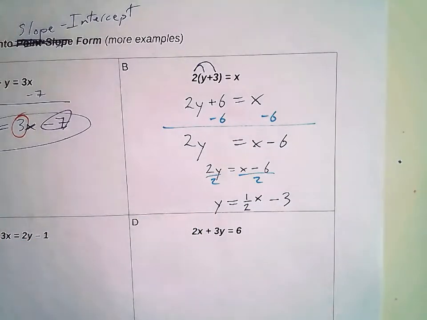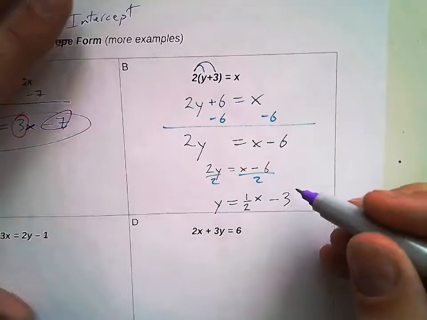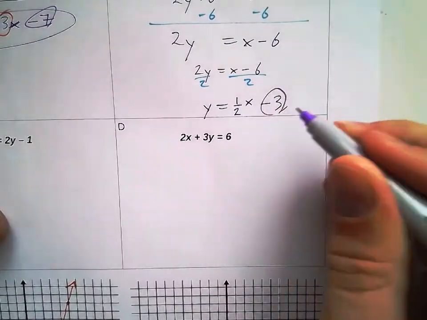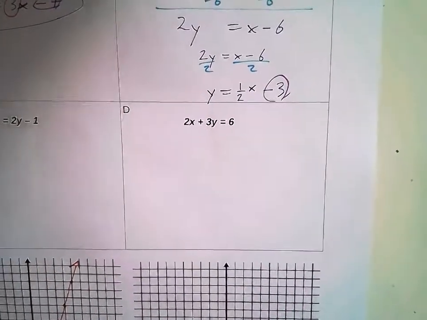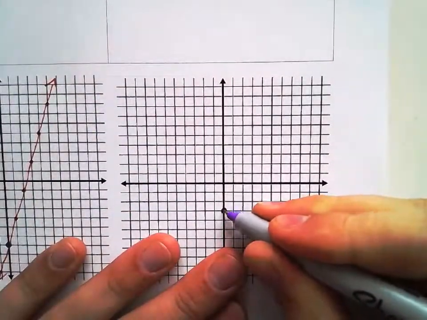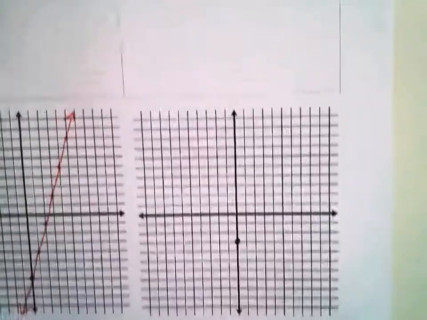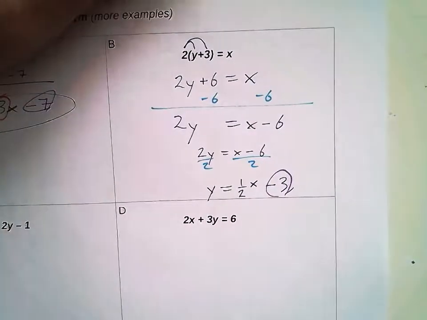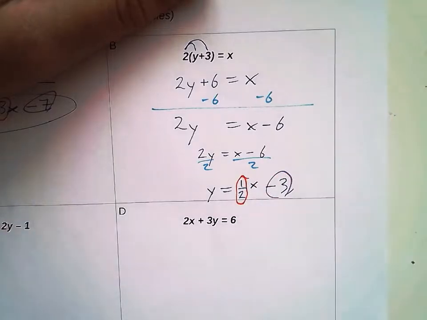So for that one, we will have a y-intercept of -3. We'll come down here, y-intercept -3, and then the slope is 1/2.